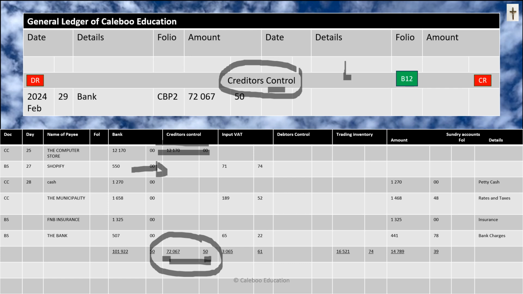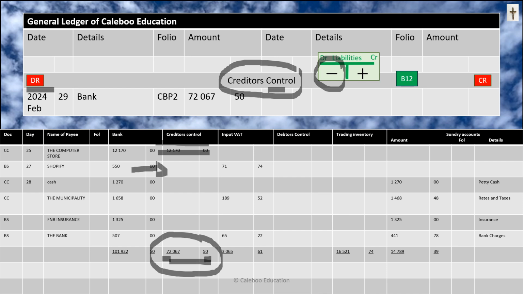Now, when we owe money, a creditor is a liability, and what has happened here is our liabilities, when we pay our creditors, have actually decreased, and a decrease in liabilities according to the rule says debit the account.